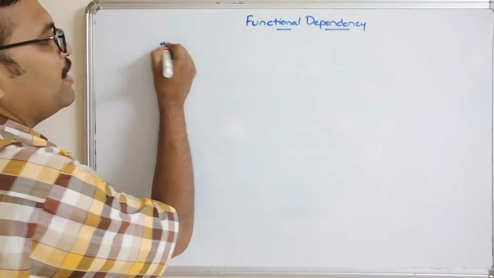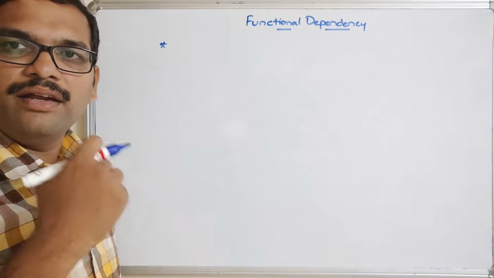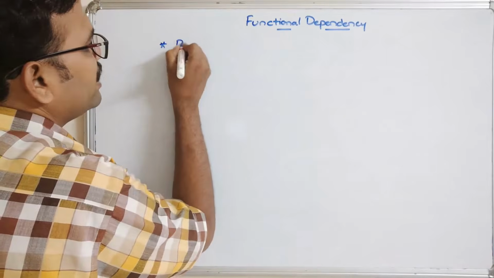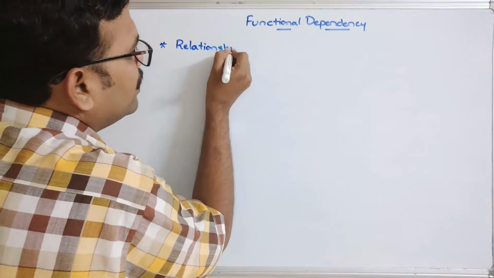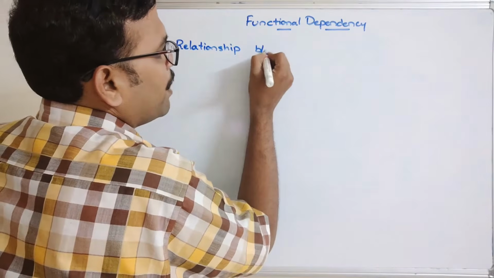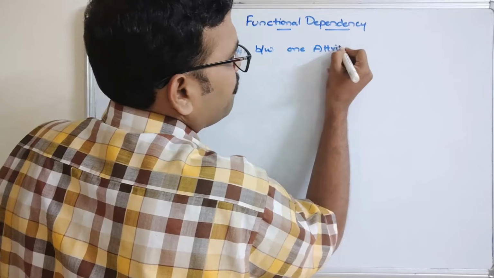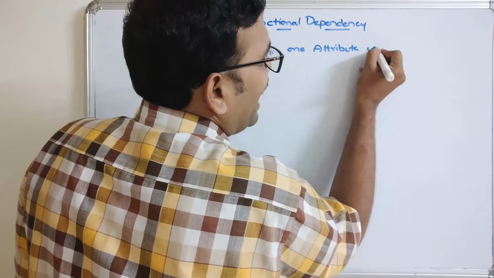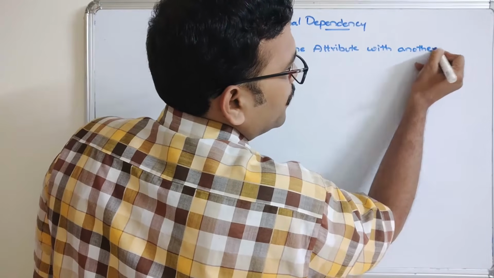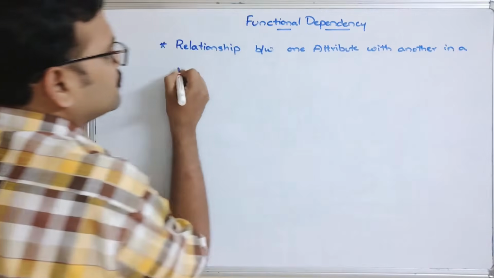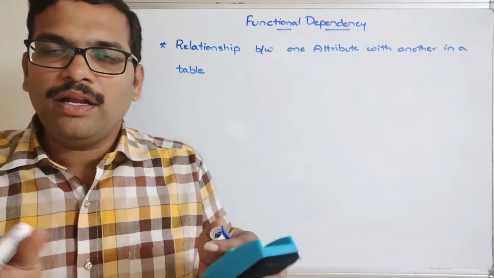This is nothing but a relation among one attribute with another attribute in a table. So it's a relationship between one attribute and another in a table, the relationship between different attributes.